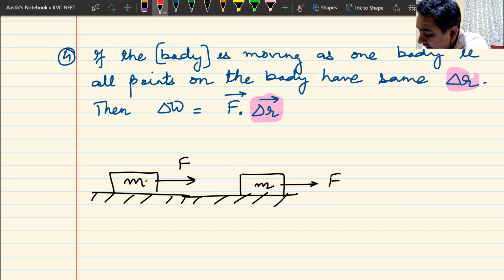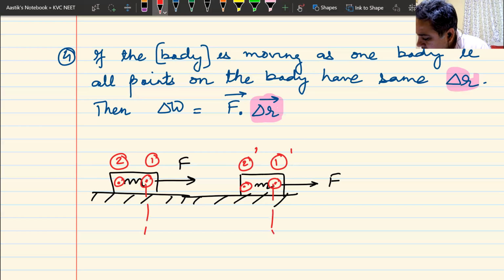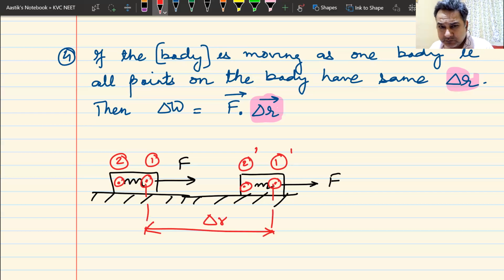In this body, if I say this is point number 1 and this is point number 2, now remember, in a chapter known as center of mass and rotation, all particles will not have the same motion. They will have different motions. If I say that particle 1 is here at 1 dash and point 2 is here at 2 dash, and point 1 has a displacement delta r, it's very simple to understand that point 2 will also have the same displacement delta r.